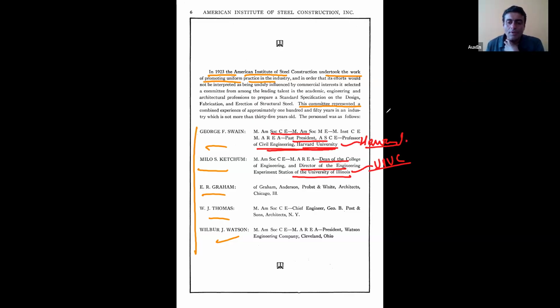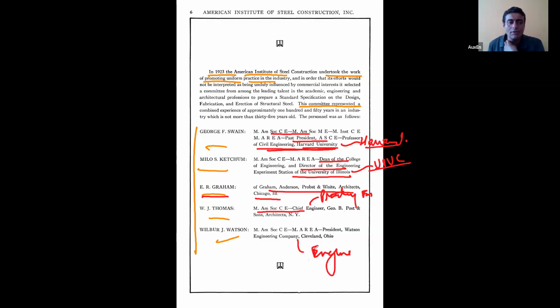So two civil engineers from faculty, one architect, E.R. Graham is an architect, one practicing engineer, and another practicing engineer.